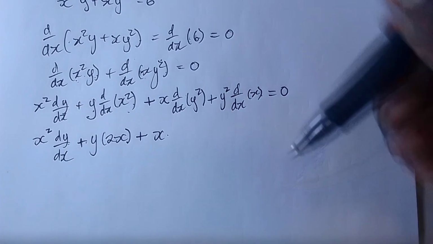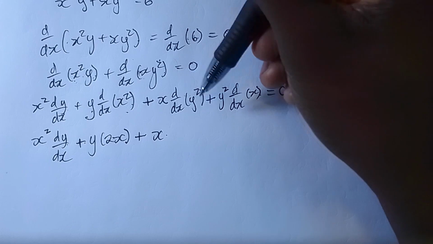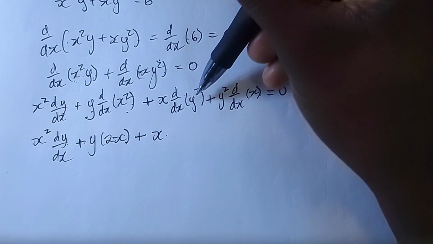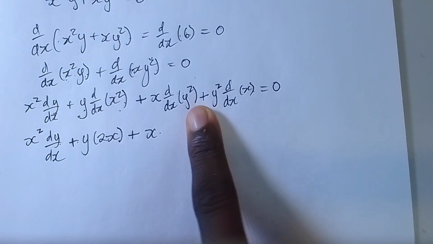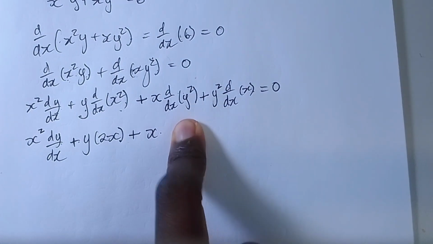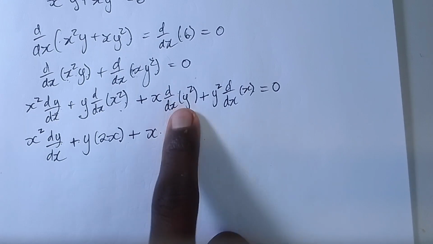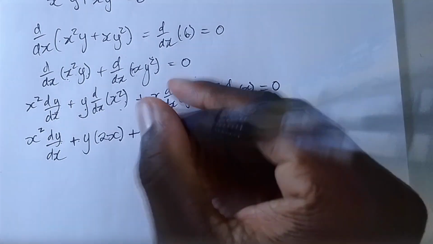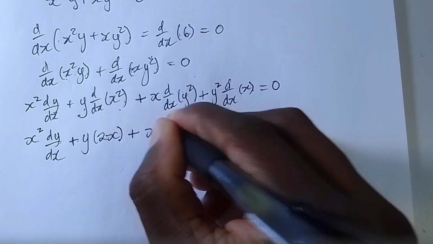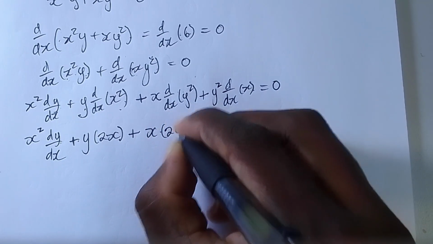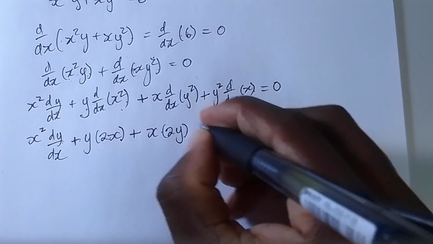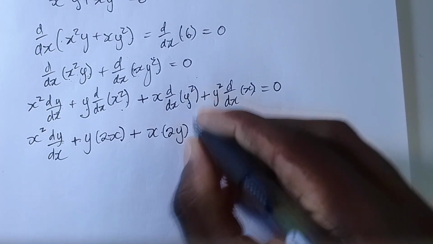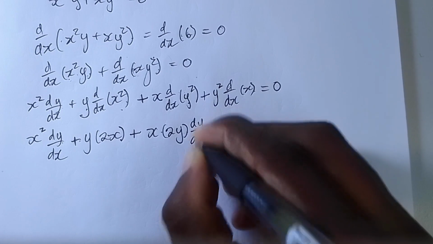Remember once again, y is a function, and therefore this is a composite function. There's a function y, and there's also another function y squared. So we first differentiate the outside function, which is y squared, and we get 2y, and then we differentiate the inner function, which is y, and we get dy on dx.